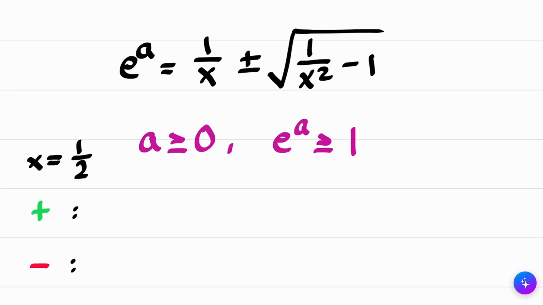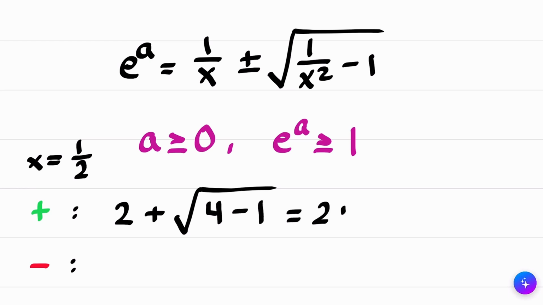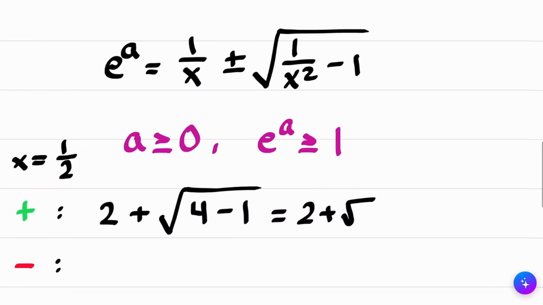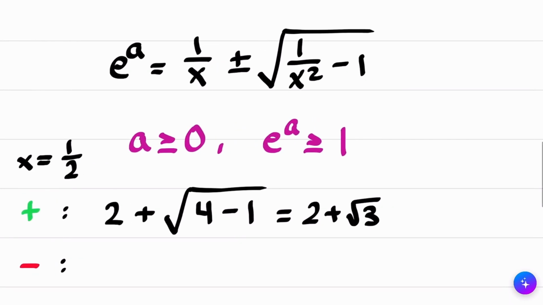Now for our plus case, 1 over 1/2 is going to be 2 plus the square root of, and then 1 over 1/2 squared, which is 1 over 1/4, is just going to become 4 minus 1, which equals 2 plus root 3. And that is greater than or equal to 1. So our plus case does work.